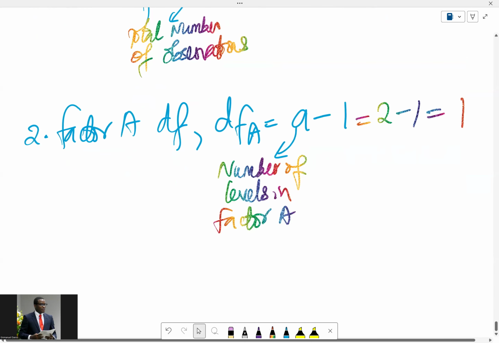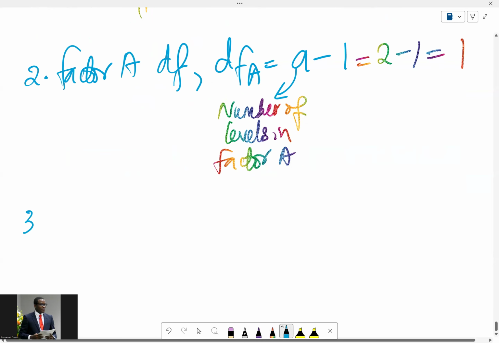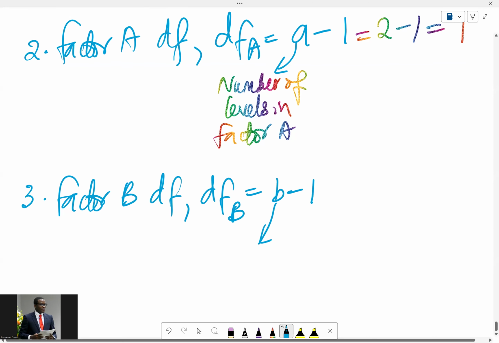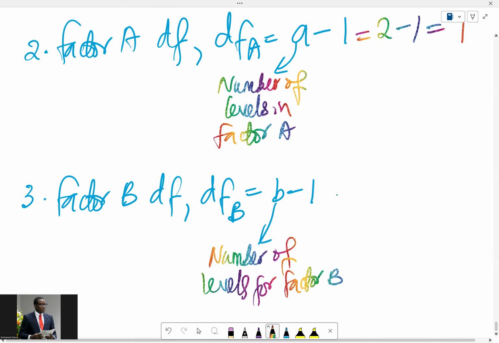Then the third one is factor B degree of freedom, DFB, which will be B minus 1. B is the number of levels of factor B, which is just 2 also. Again, that is 2 minus 1, which is simply 1.